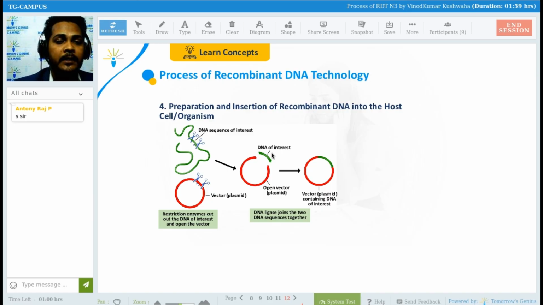Like here you can see, these are multiple copies of your gene of interest that you need to cut at a particular segment, and then you have to incorporate it with the vector.